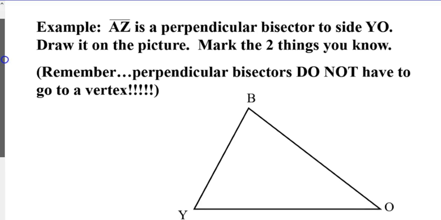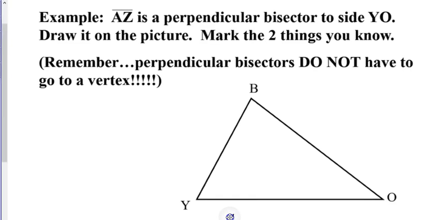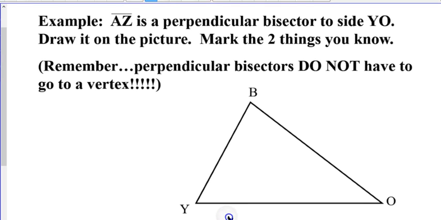All right, example. AZ is a perpendicular bisector to side YO. Well, AZ tells you it's not coming from a vertex because neither of those letters is in there. So we're going to estimate about halfway through. If you wanted to seriously measure, you could, but we're looking at about right here.